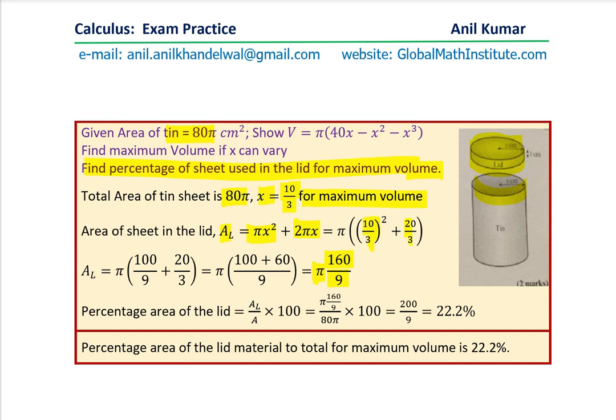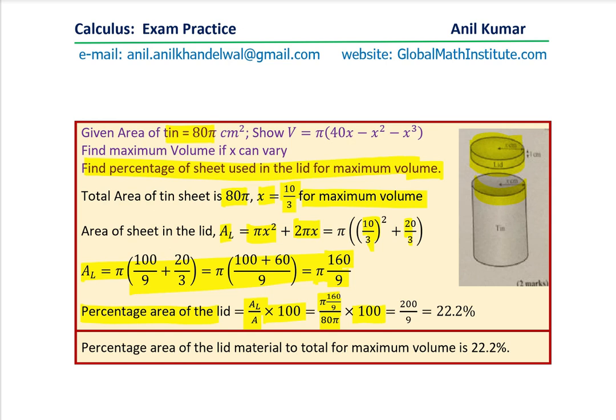Okay? So it's an easy calculation which is shown here. Now we need to find the percentage area, which really means the area of the lid over total area times 100. Area of the lid is pi times 160 over 9, over 80 pi. Pi and pi cancel, multiply by 100. 160 divided by 80 is 2, right?